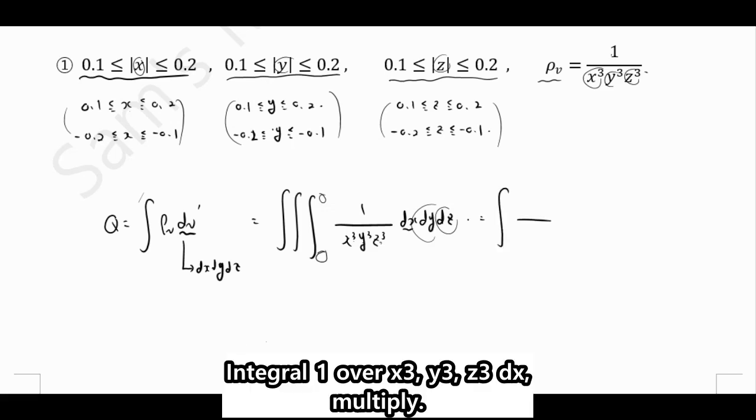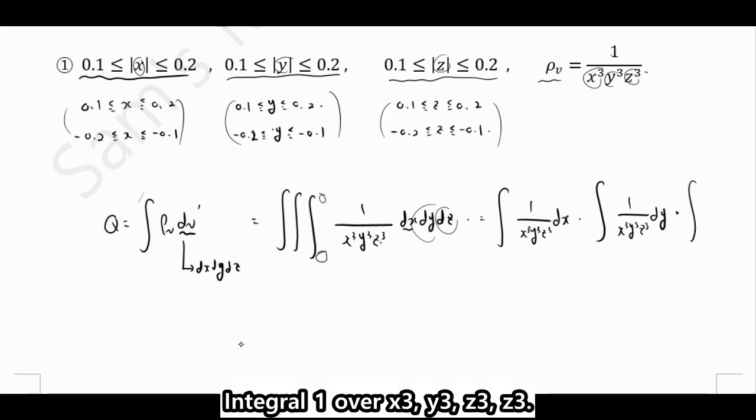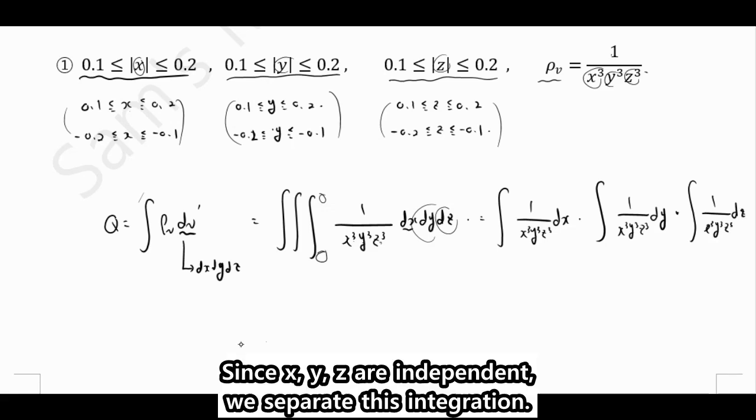The integral of 1 over x cubed dx, multiplied by the integral of 1 over y cubed dy, multiplied by the integral of 1 over z cubed dz. Since x, y, z are independent, we separate this integration.